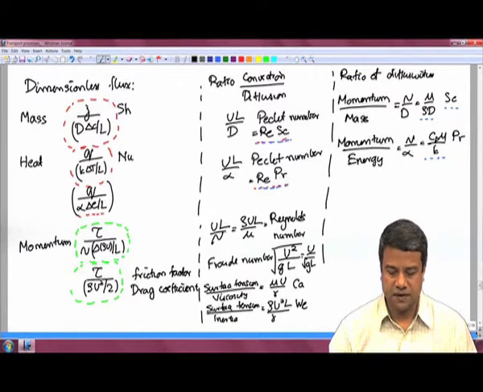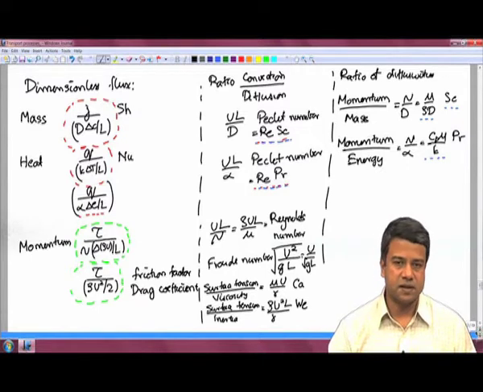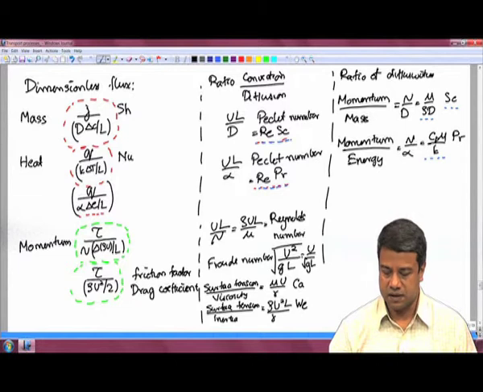Mass and heat flux are non-dimensionalized by the diffusive non-dimensionalization, the ratio of the flux and the right side of the constitutive relations, D delta c by L or k delta T by L. The momentum flux is traditionally scaled by the kinetic energy density. It is scaled by inertial scales rather than by viscous scales, whereas mass and heat are scaled by the diffusive scales. That is the way that the momentum flux is traditionally defined.